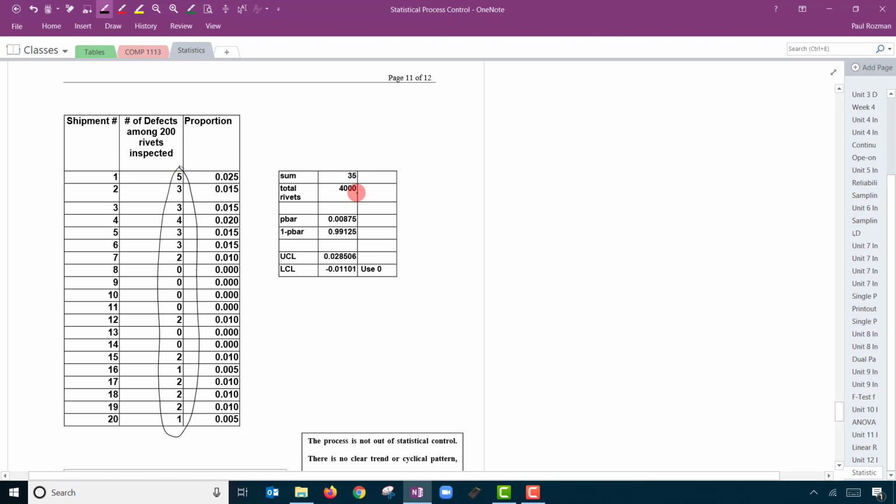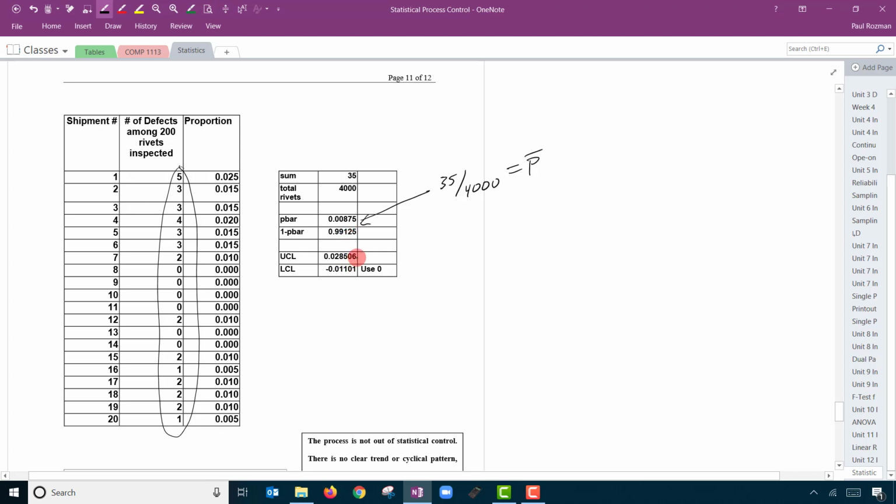We did 20 shipments of 200 each, so there were 4,000 rivets inspected. P bar here is the 35 out of the 4,000 that we looked at. And then Q bar is 1 minus P bar, the percentage of okay rivets out of the 4,000.